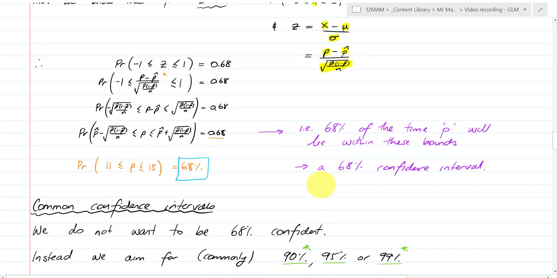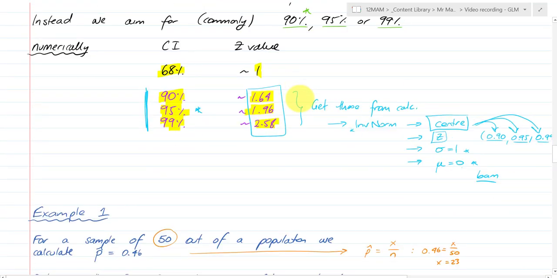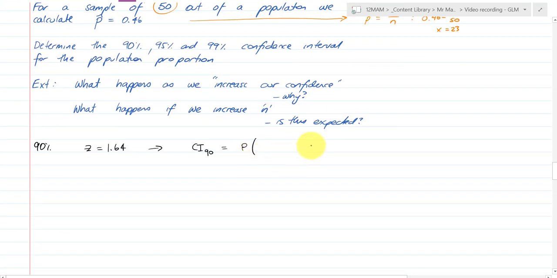If I go back up, I don't quite remember this formula, but that probability that p hat minus z times the square root of p hat 1 minus p hat over n is less than or equal to p, is less than or equal to p hat plus z times all this stuff here, p hat 1 minus p hat over n, and this should be equal to 0.9.